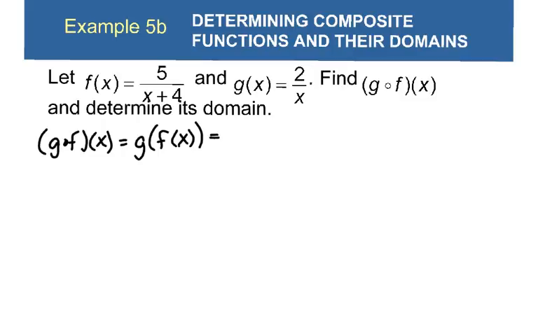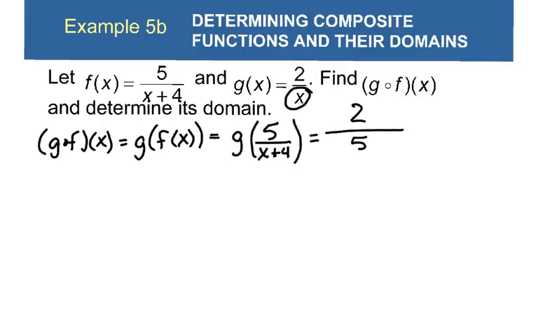And then replace our f of x with what it's equal to, the 5 over x plus 4. And then place the 5 over x plus 4 in for your x value here in our g function. And we get this complex fraction.